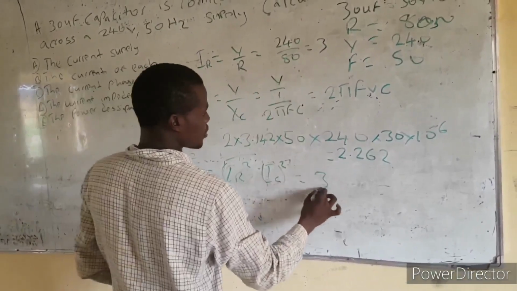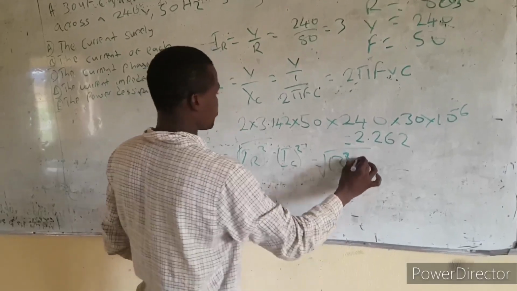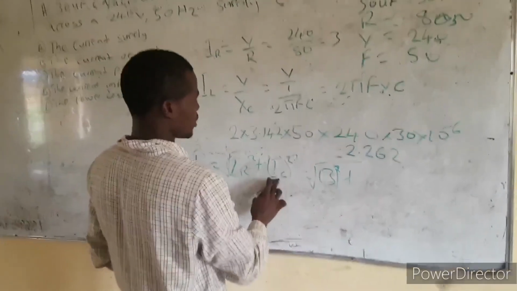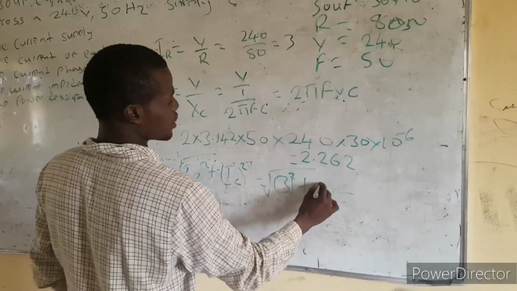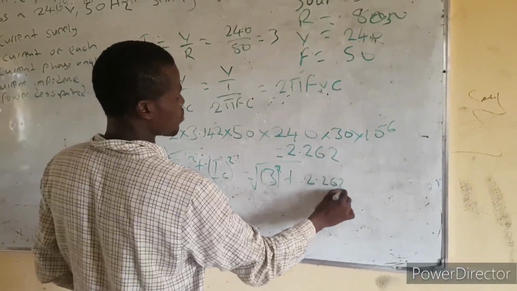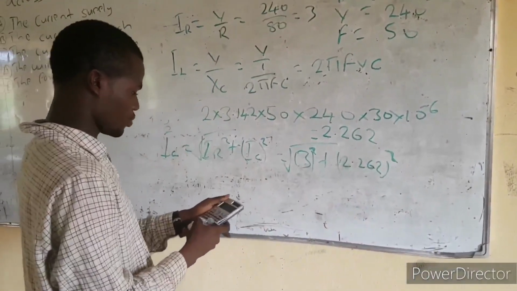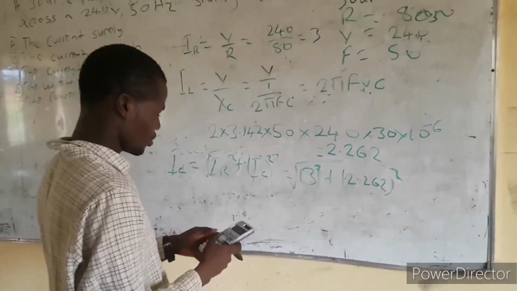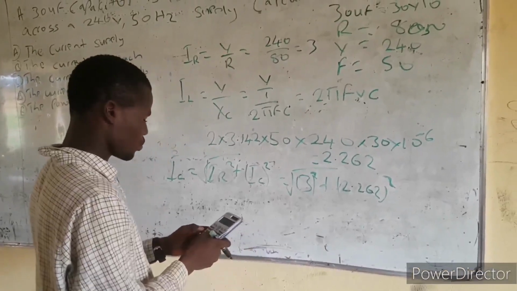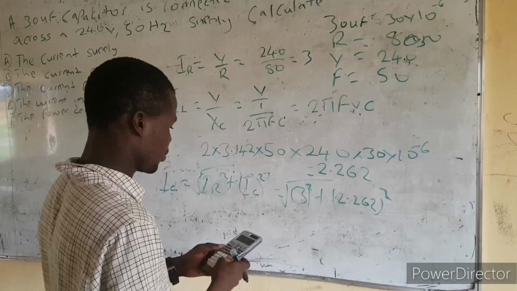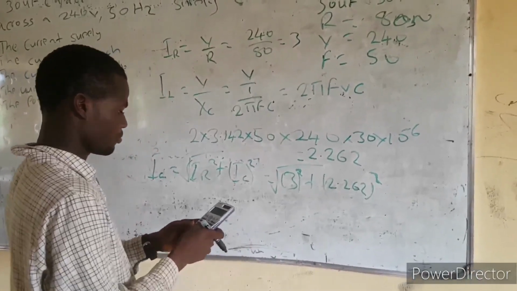So it's going to be the square root of 3 squared plus 2.262 squared.